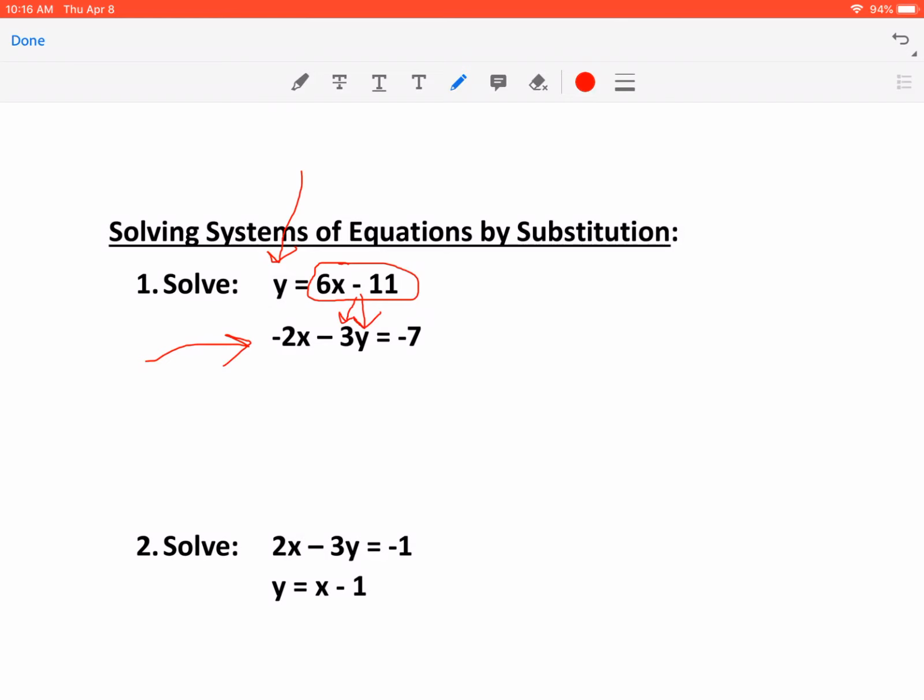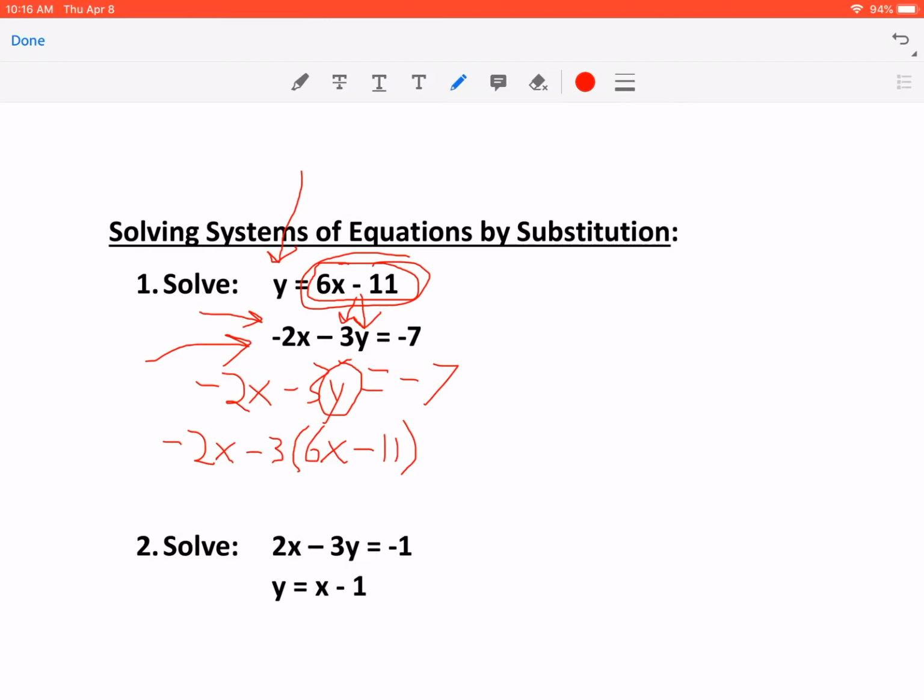So I'm going to take this original problem here, which is negative 2x minus 3y equals negative 7. And right here, I'm going to substitute the 6x minus 11. So I've got negative 2x minus 3. Now I'm going to put parentheses, and y was equal to 6x minus 11, equals negative 7.